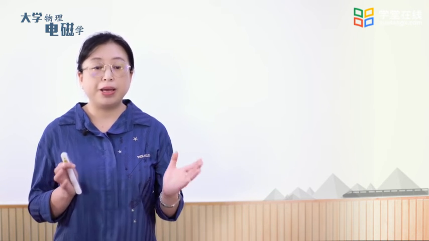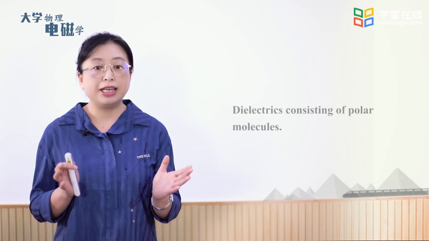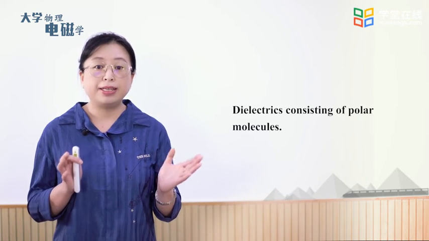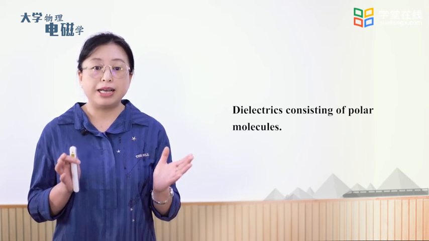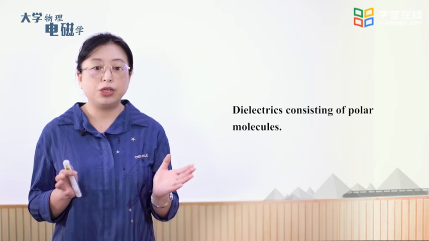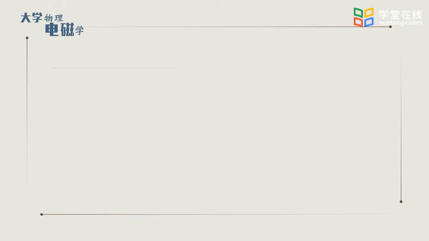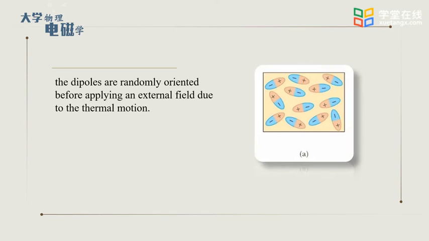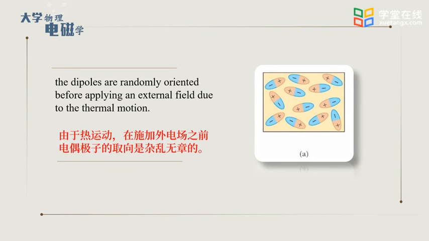Based on the electric behavior of the dipole, we first consider a dielectric made up of polar molecules placed in the electric field between two parallel plates. As shown in figure A, the dipoles are randomly oriented before applying an external field due to the thermal motion.